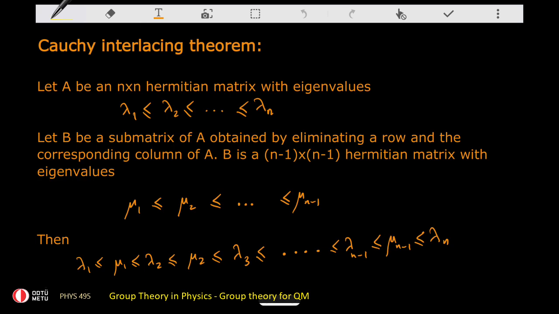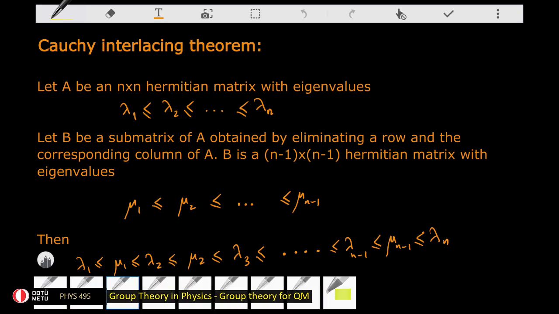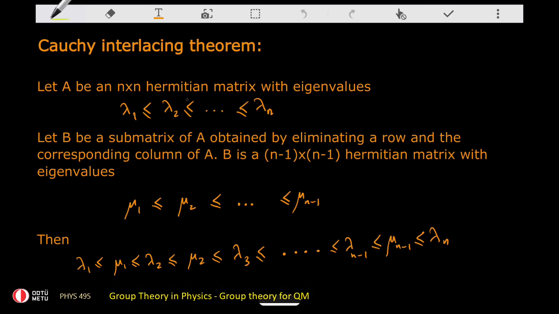A is an n by n Hermitian matrix. I'm going to call the eigenvalues lambda 1 to lambda n. So there are n eigenvalues. I also want them ordered, so they are ordered in the increasing direction.